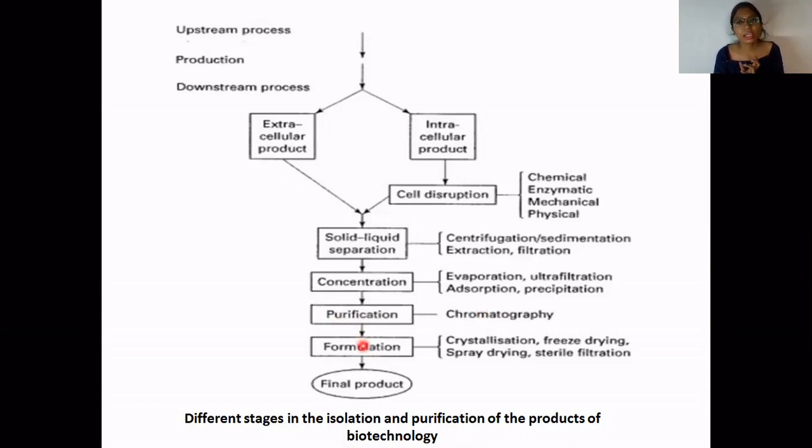Formulation means you want to stabilize your product so it can remain for a longer period of time until it is sold to any buyer or dealer. For that, the formulation step involves crystallization, freeze drying, spray drying, and then finally you have your final product. Okay, so these are the main steps involved in the downstream processing.